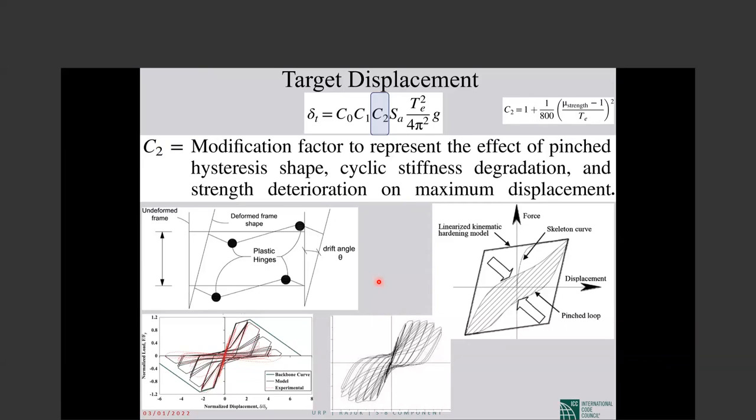But the point is that the effect of stiffness degradation, strength deterioration, pinching, hysteresis shape depends on the number of cycles. If this plastic hinge goes through one cycle, the difference between good and bad is not as much as if they go through many cycles, because then the difference will be much more.